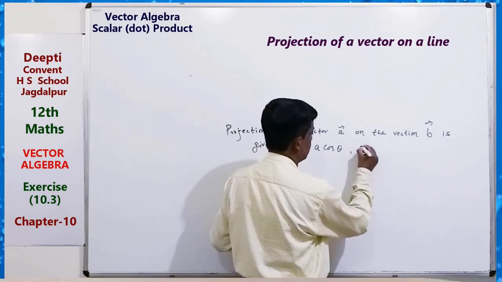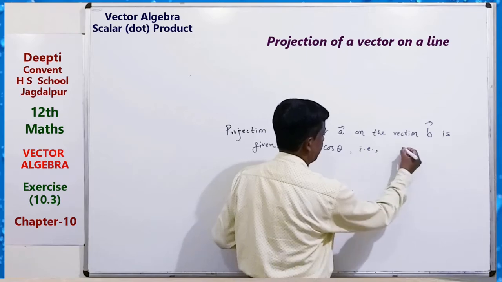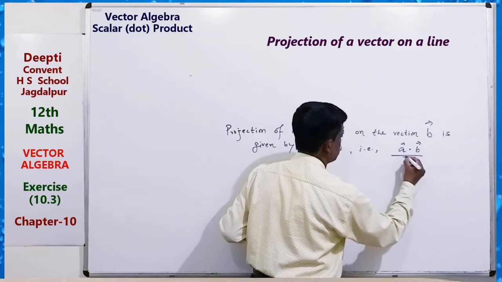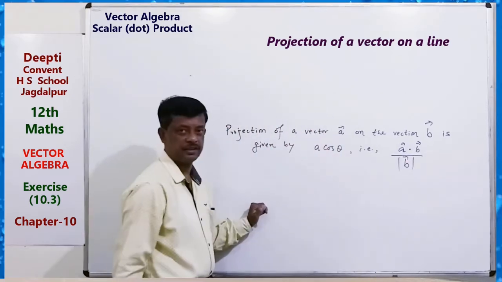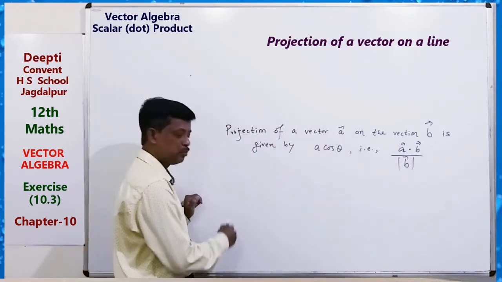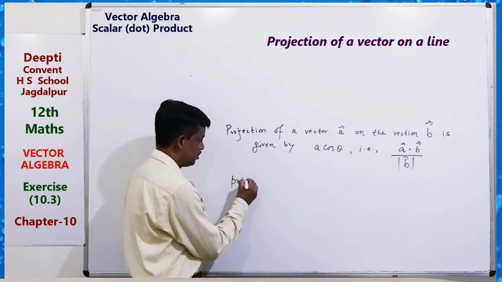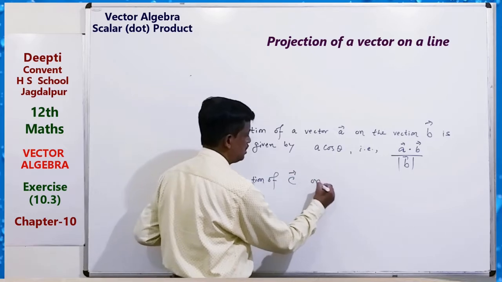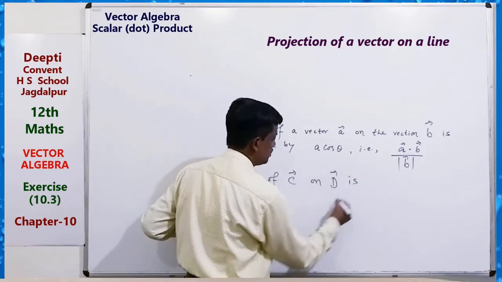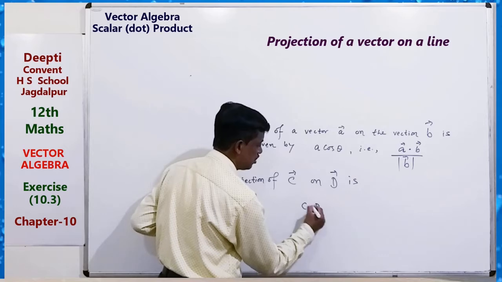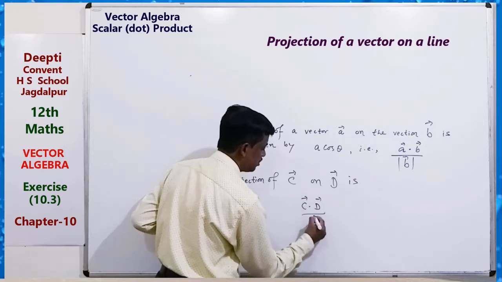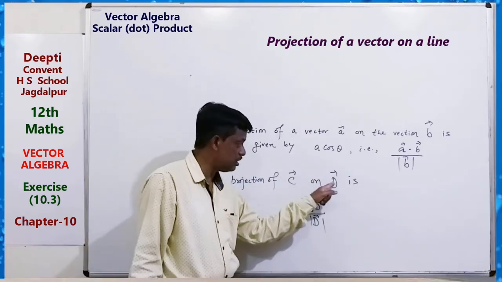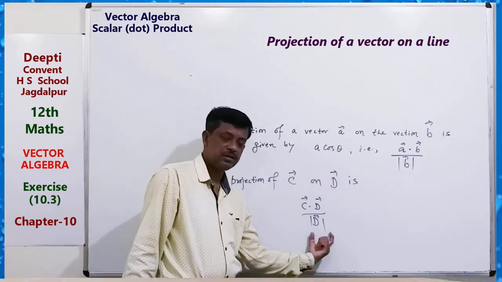That is A dot B upon modulus of B. Projection of vector C on D is C dot D upon mod D. Formula: projection of C on D, modulus of D is in denominator.